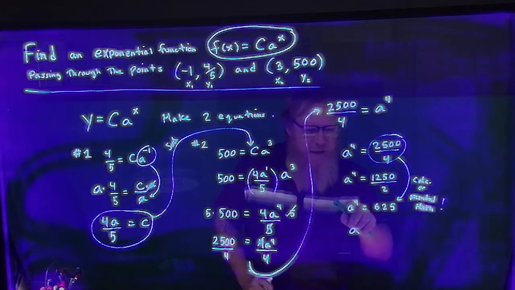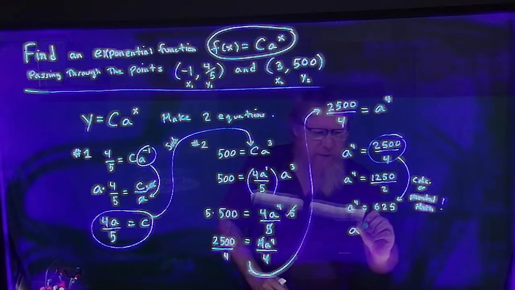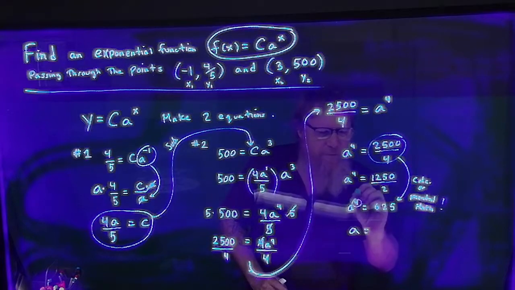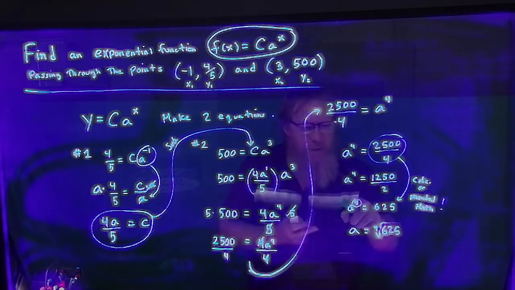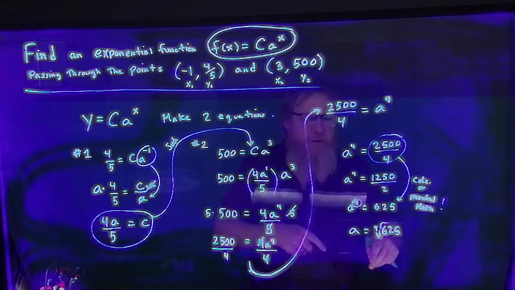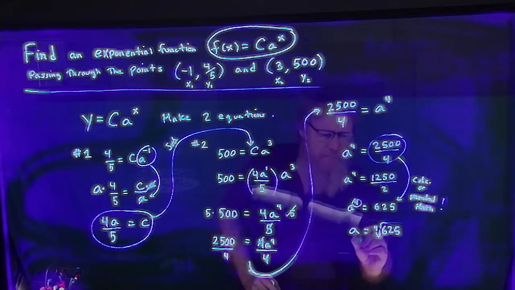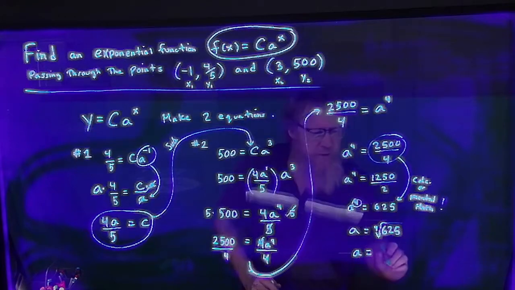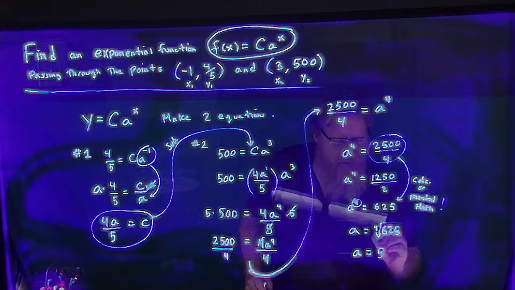In my previous video, it just came out to be A to the first, and that's the reason why I'm doing this video. So whichever power you have, use the appropriate root. For a fourth power, you're going to use a fourth root. And you all know if that was a second power, you'd use a square root. If it was a third power, you use a cube root, etc. So the fourth root of 625, I believe, is 5.